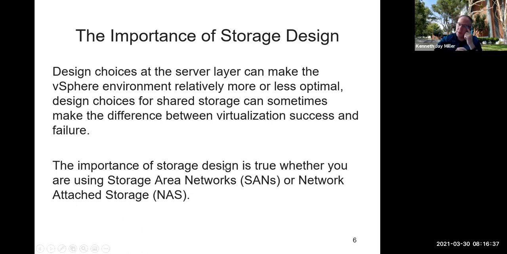Now, the server design choice can start in the beginning with the type of hard drives we purchase and use, and B, what our external storage design will look like. So when we start talking about hard drive performance, that can really make the difference between success and failure of a virtual environment.